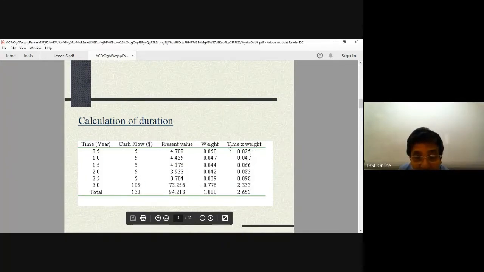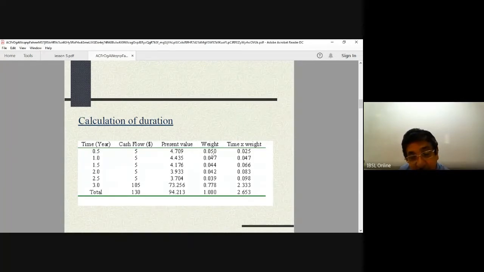Now this is the most important column in this worksheet. You need to multiply the time with the weight. Then you get time into weight. That column you need to total up.